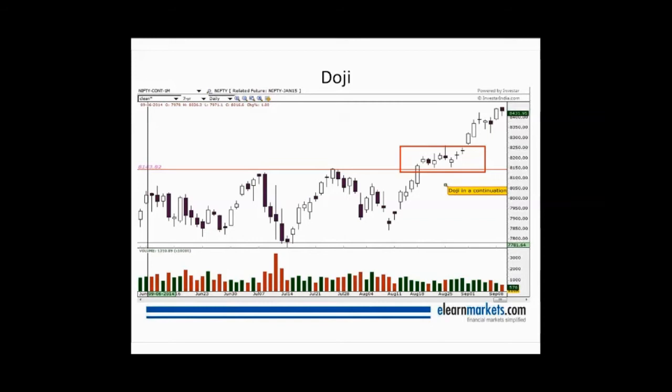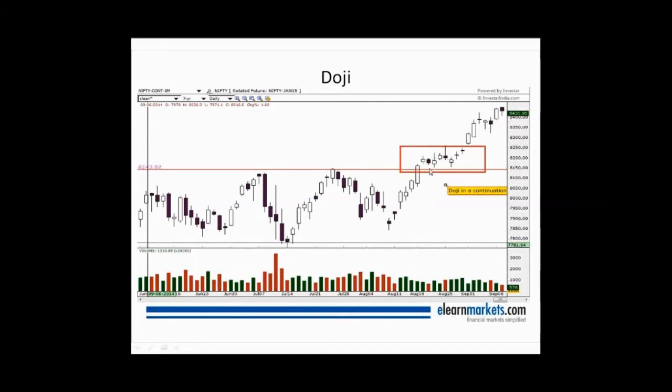Let us have a look with the help of an example. In this picture, this is again the Nifty plotted on a daily time frame. We can see small real body candles with 2 dojis over here. We can see that the prices have been rallying in the past.